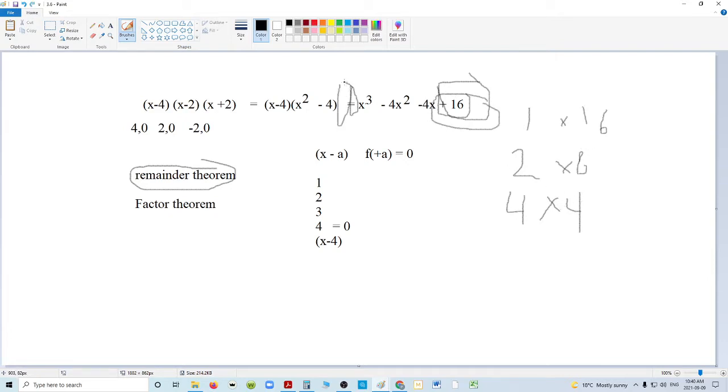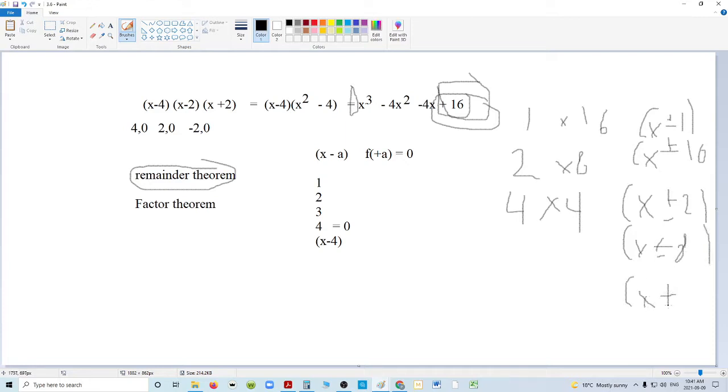Since there's nothing in front of the x cubed, that gives you an immediate indication that we could have these as factors: x minus 1, x minus 16, or x plus 1, and x plus or minus 16. It also could be x plus or minus 2, and x plus or minus 8, and x plus or minus 4. And we got all of those from these factors.